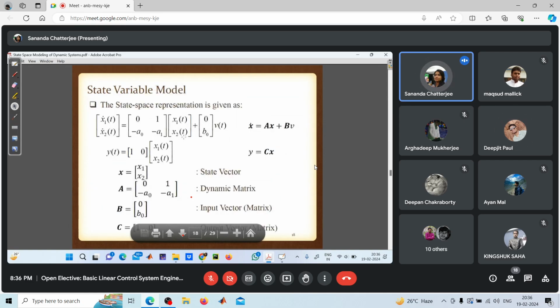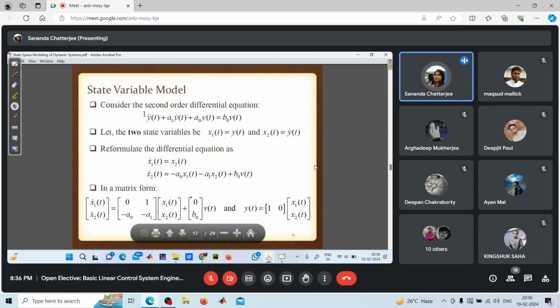See, in this example, in case of this model, I didn't know what the model was about. I don't know whether it is a spring mass damper system or an RLC circuit or some other system. So what we have done, we have taken some choice, that is the output. This is the input output relationship, na? One differential equation representation of the input signal and the output signal.